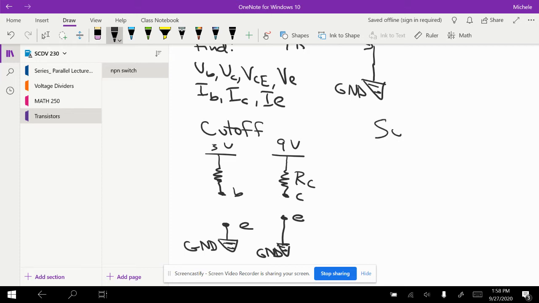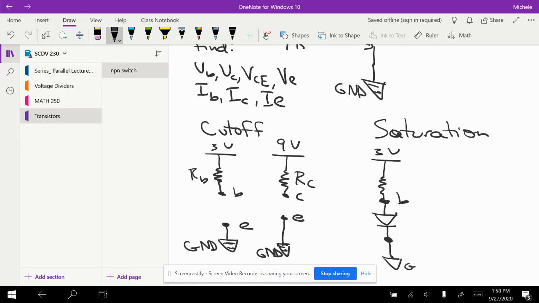But when I'm in saturation, then I have 3 volts. I'll call this my RB. This is my B. There's my diode between the base and the emitter. That's my ground. And this is 1K, it's RB.